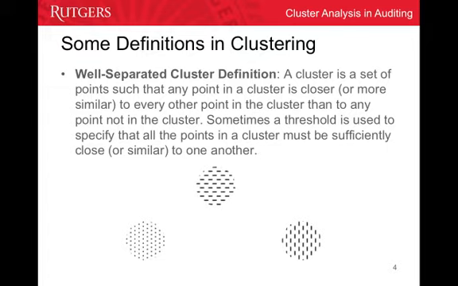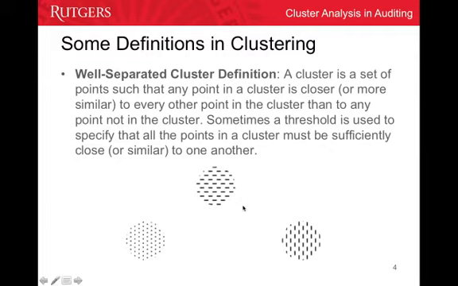Sometimes a threshold is used to specify that all the points in the cluster must be sufficiently close or similar to one another. This idealistic definition of a cluster is satisfied only when the data contains natural clusters that are quite far from each other.